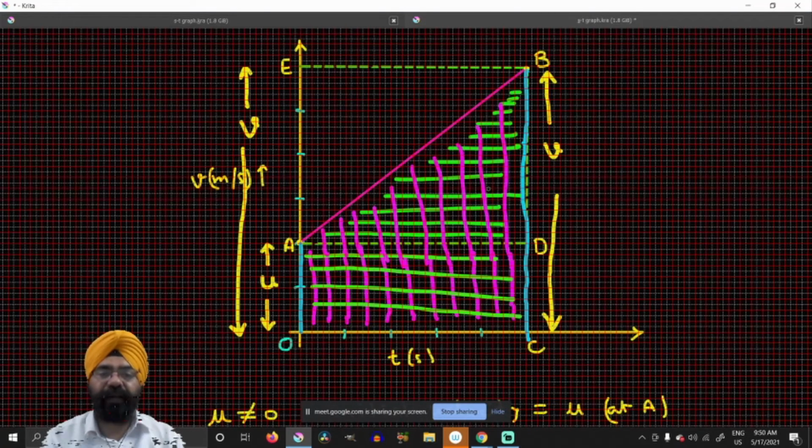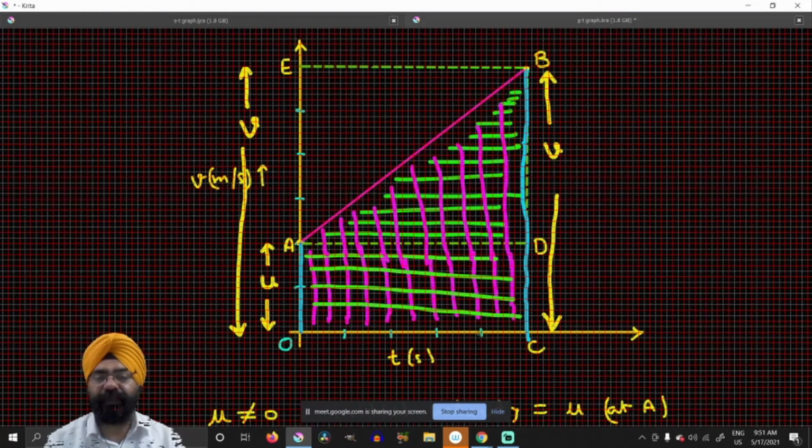So we know that area of a trapezium is equal to half the sum of parallel sides, which means we add AO and BC. What is AO equal to? U. And what is BC equal to? U plus V. So it becomes half V plus U, and then we multiply by the yellow line.